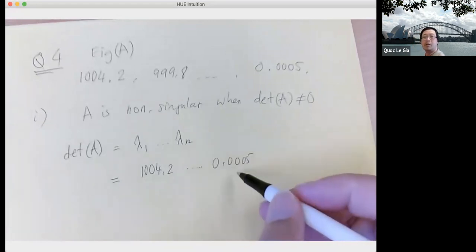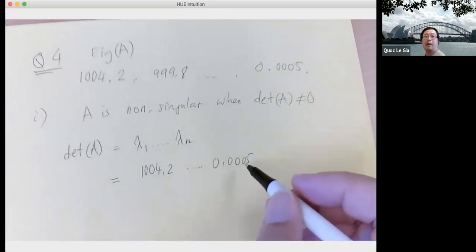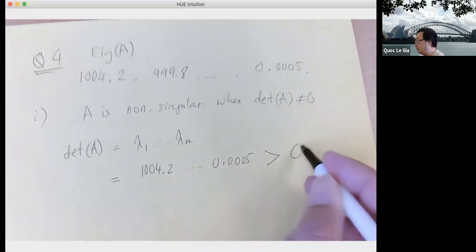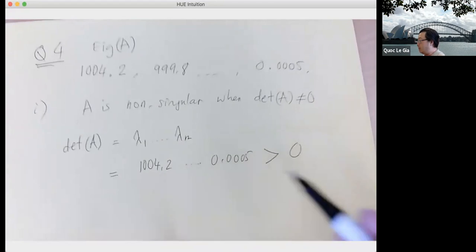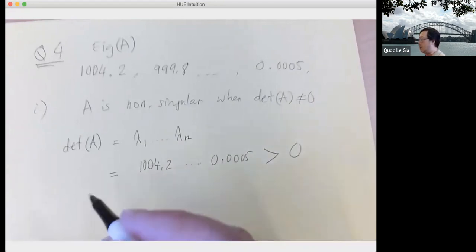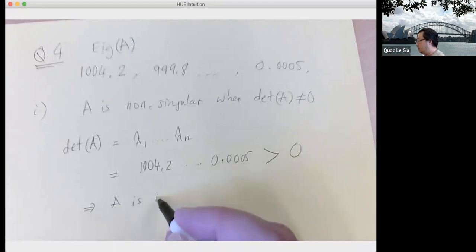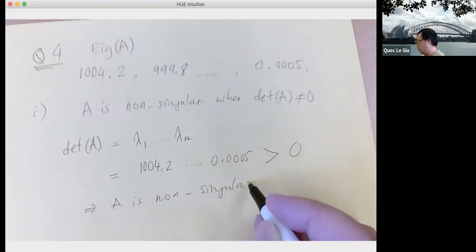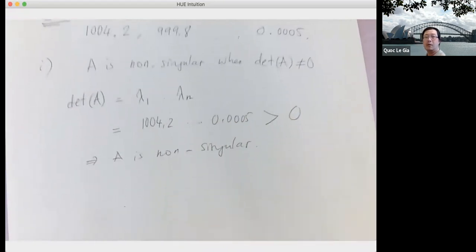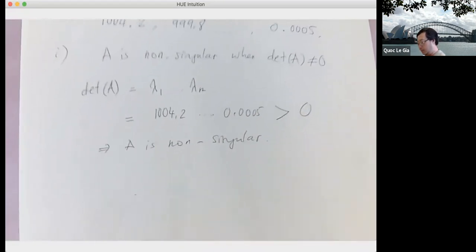So the product is still positive, therefore the determinant is non-zero, and A is non-singular. This explains why A is non-singular.